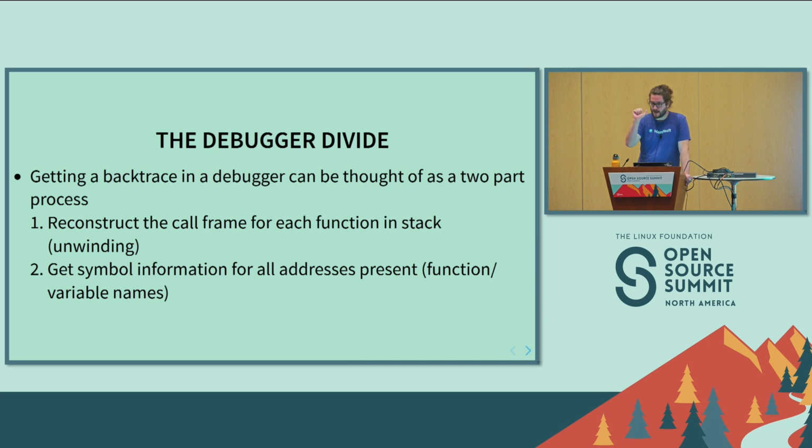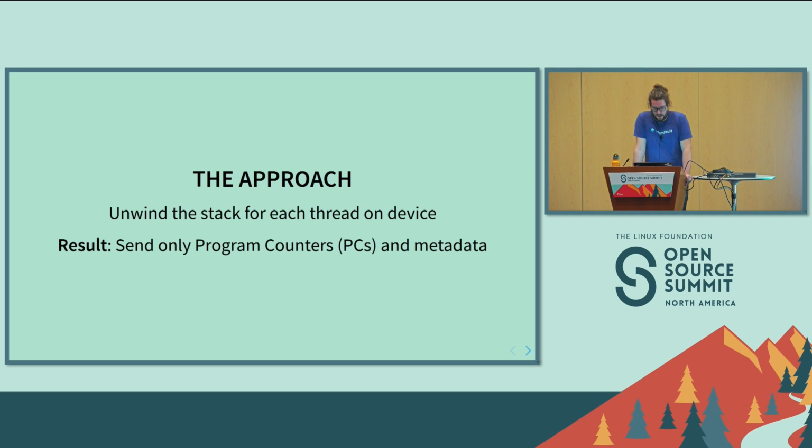Then from there, once it's got all the memory addresses, it can grab the debug info from all the various debug sections that are usually loaded into an ELF file and get you your nice names. You can see your local variable names, see your function names. And so what we're going to do is half of that on device.